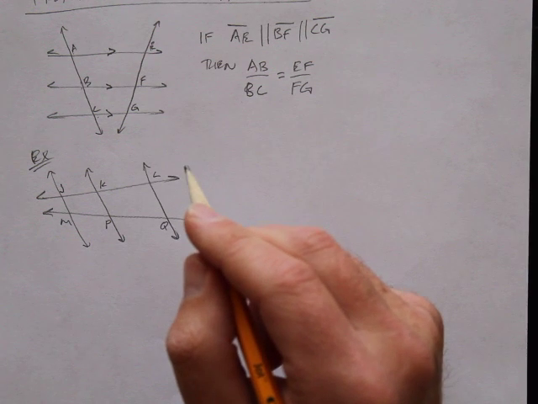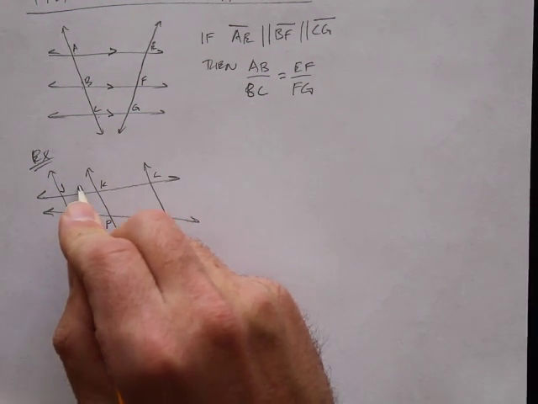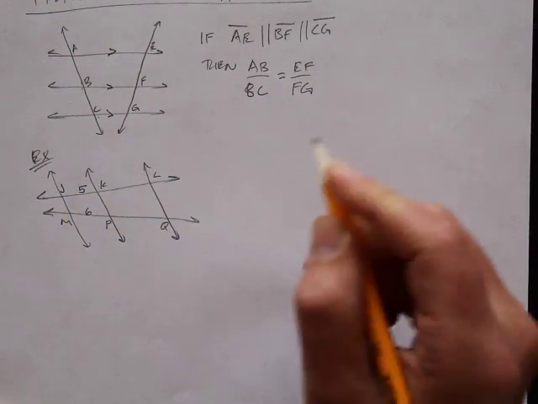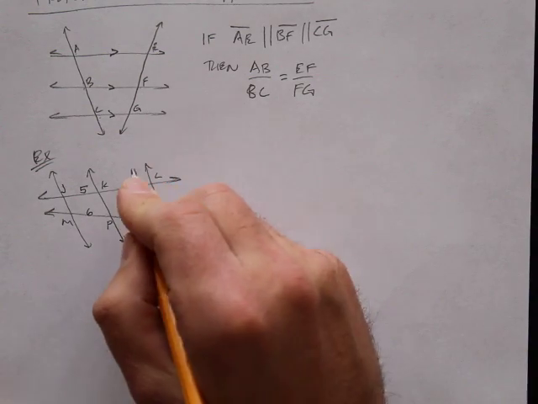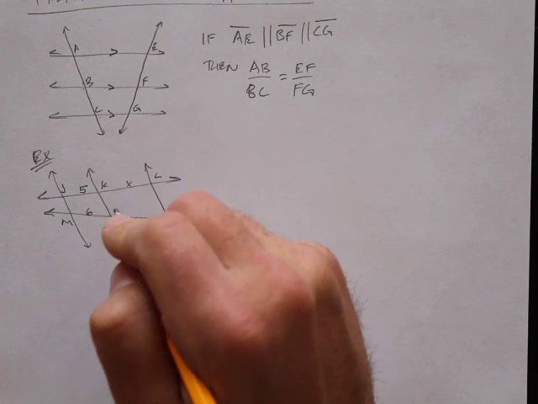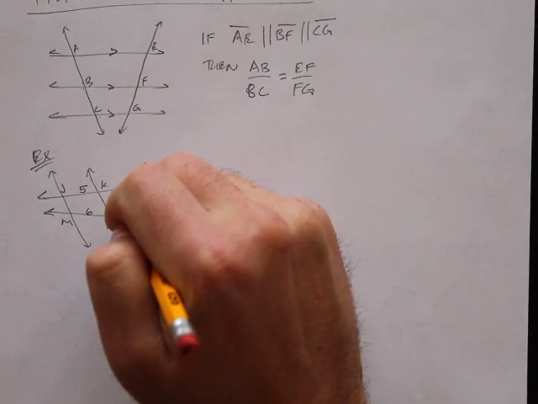Okay, so now JK is 5, MP is 6, KL is X, and PQ is, let's say 12.